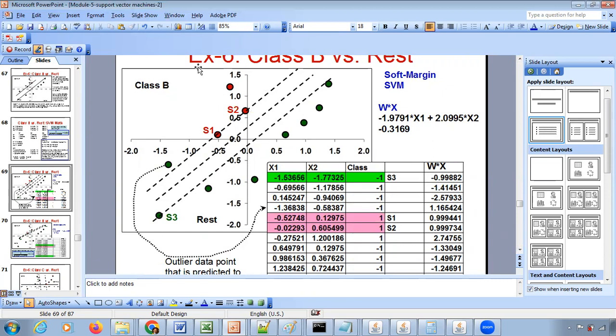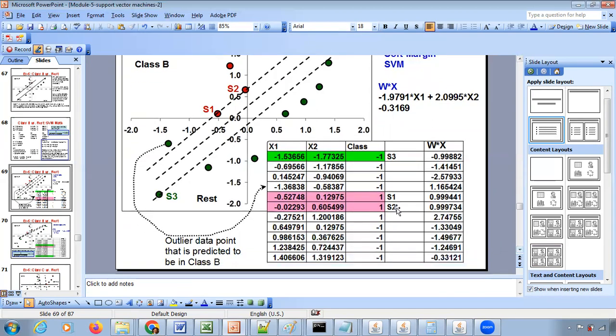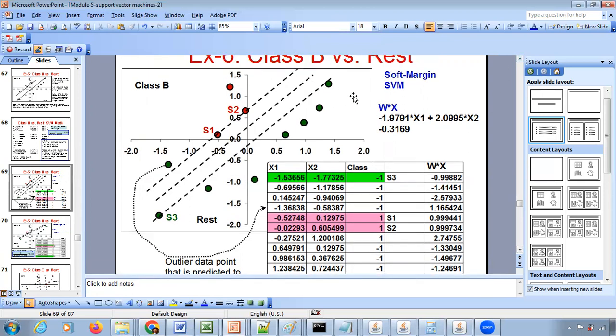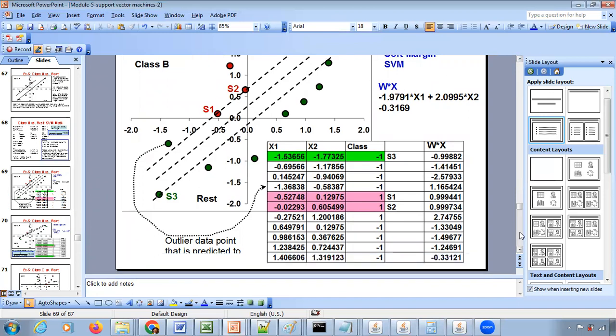That's because it's much farther from the decision boundary, greater than 1. And then for the other green data points in this class C, the rest class, these are also less than -1. And this is less than 0. That's good enough. You see this data point over here is very close to the decision boundary, so it's -0.33121.